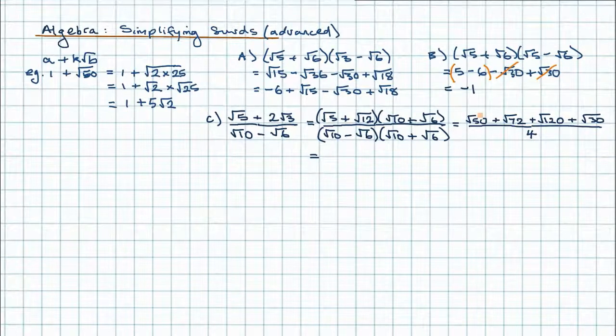So we're going to be able to pull 25 out of there to just give us 5. And 72 looks a likely fella. 4, definitely. But actually 36, the square of 6. So we're going to be able to pull 6 out. So that one is going to go.